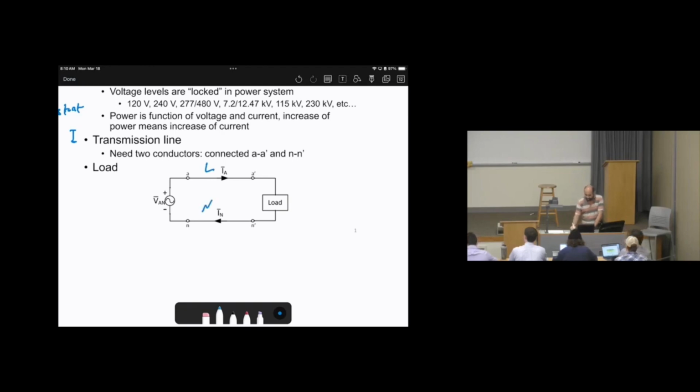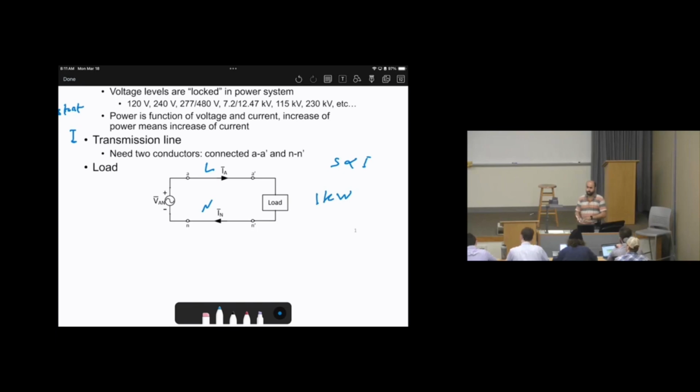Since S is directly proportional to I, let's assume that after several calculations, these conductors can supply only 1 kilowatt as a rough number.